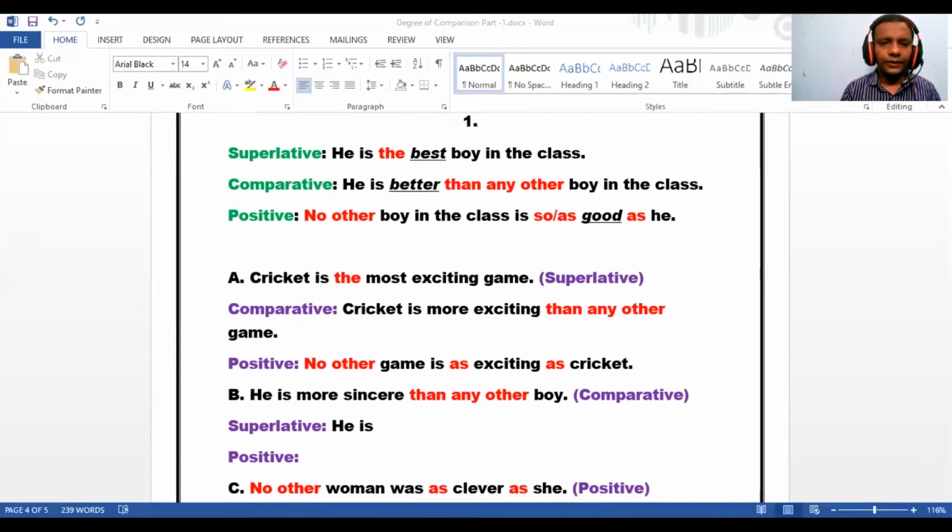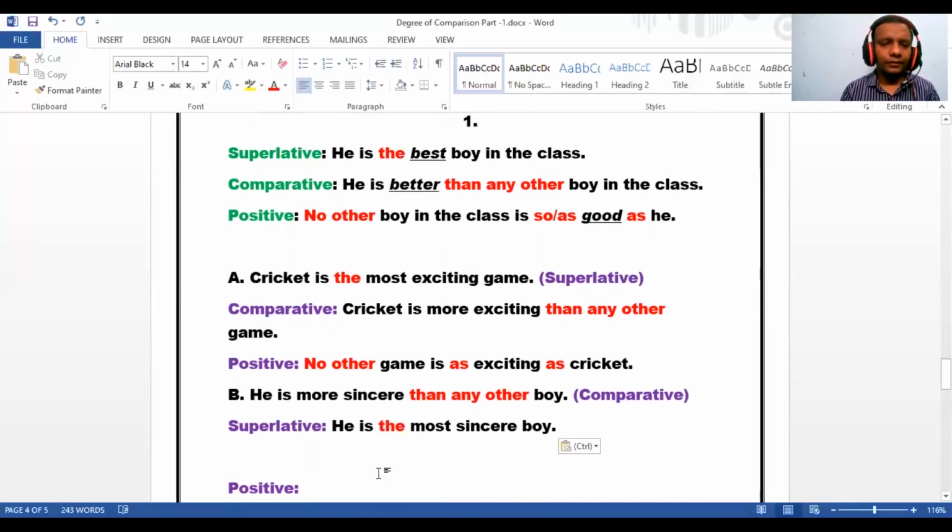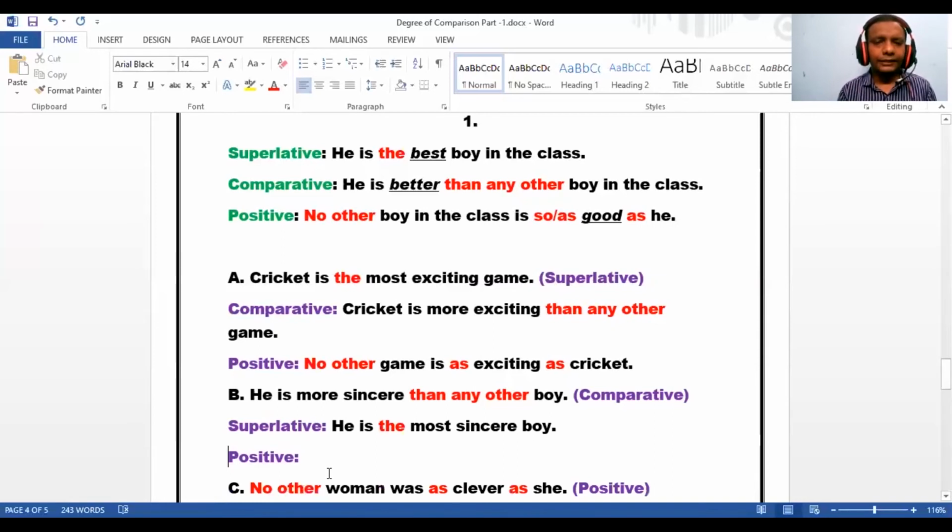So dear students, look at the board. He is the most sincere boy. And then when we make it positive, we must use no other. At first, we have to use no other, then boy, then verb is.